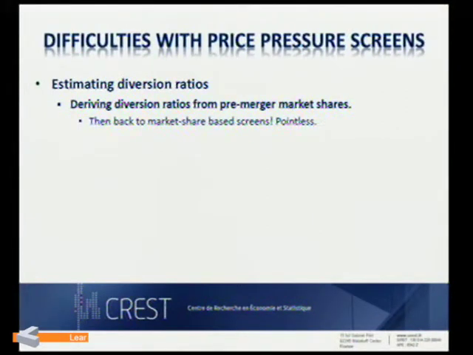And here the issue is, how can we compute diversion ratios in a simple way so that we can use our UPP or variants of price pressure screens as a simple screen that can be used in a very short time limit, so in phase 1 cases, without carrying out full econometric estimations of the parameters.